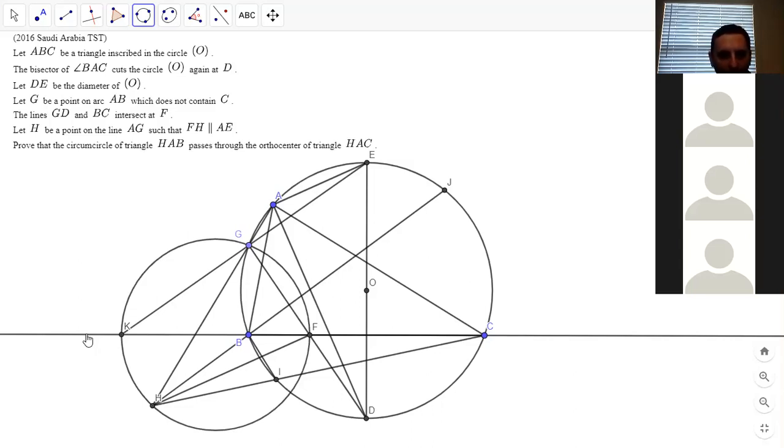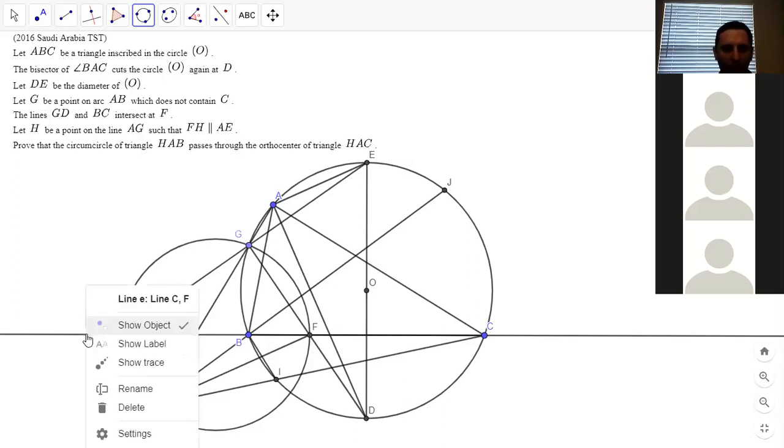And once we know that, feels like we're very close then, right? Yeah, an angle chase does it. So that is good. Okay.